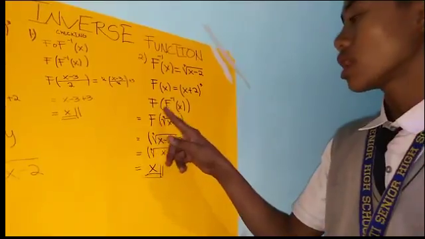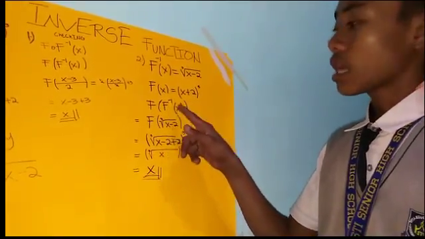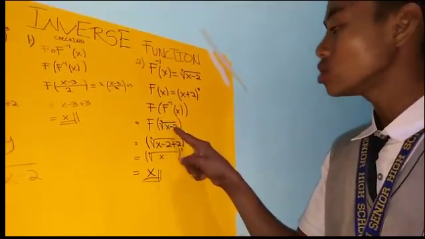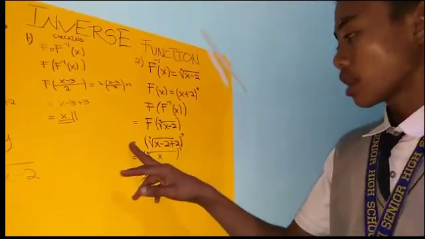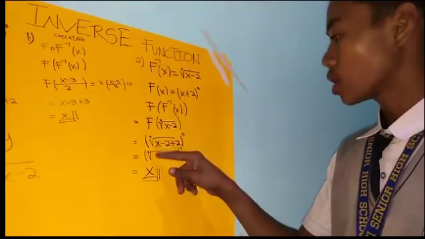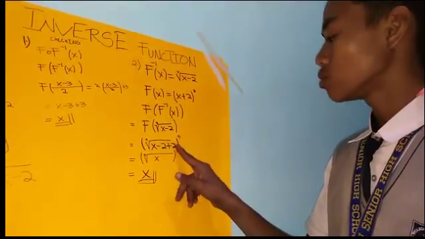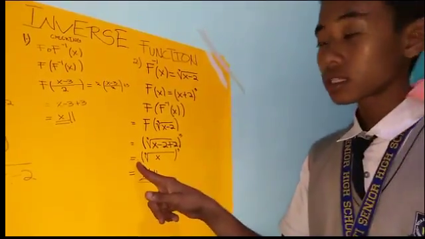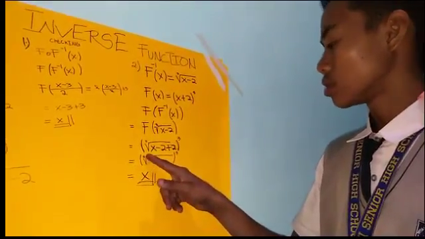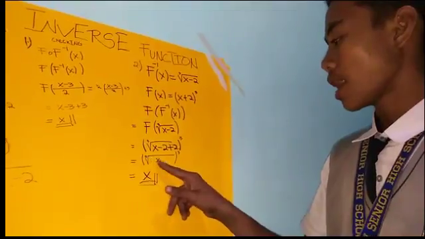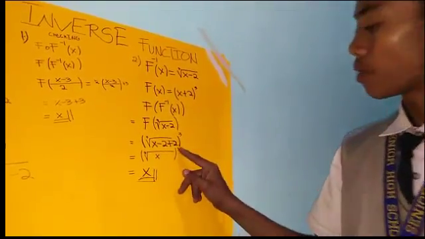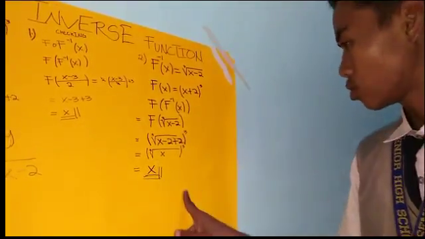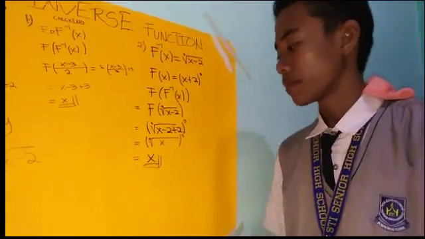So f of f inverse of x is the cube root of x minus 2, plus 2, to the power of 3. Equals the cube root of x to the power of 3. So cancel out the 3, and so the answer is x. So this is the inverse function.